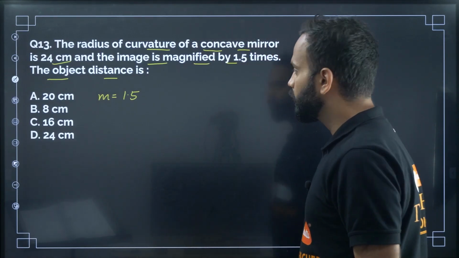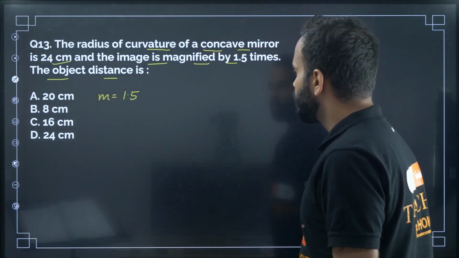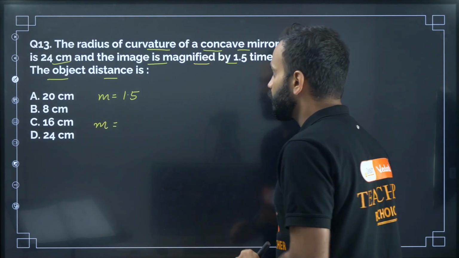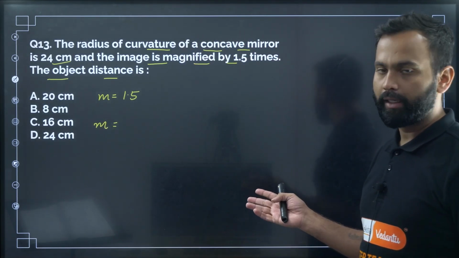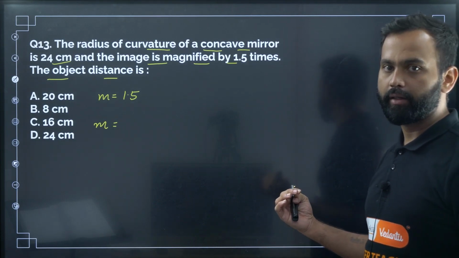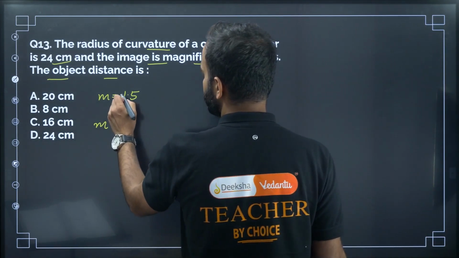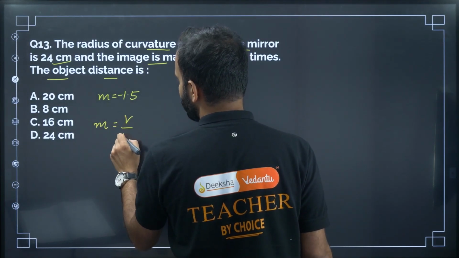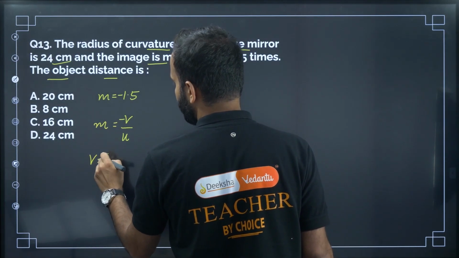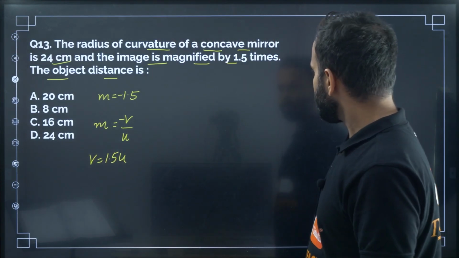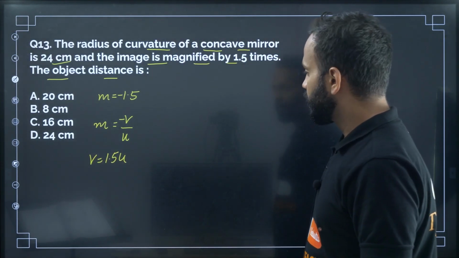Here we have a concave mirror, so the image formed by the concave mirror is always real and inverted. So magnification will be minus 1.5. Magnification M equal to minus V divided by U, so V equal to 1.5 times U. We need to find the object distance, that is U.